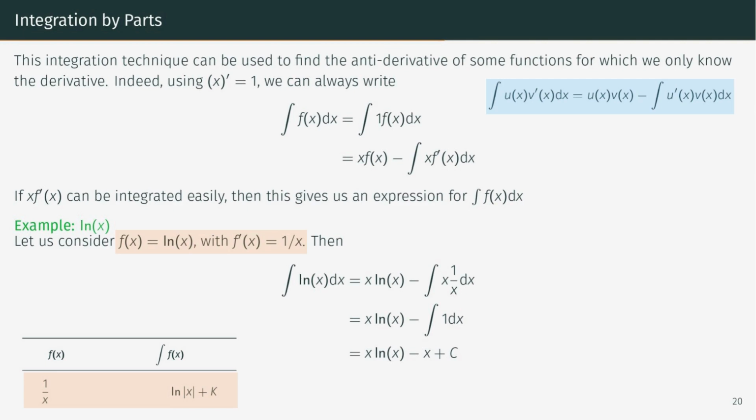We can see that simplifying gives that it's equal to x natural log of x minus the integral of 1 dx. Then the answer is x natural log of x minus x plus c, where c again is our integration constant because we don't have any boundaries of integration.